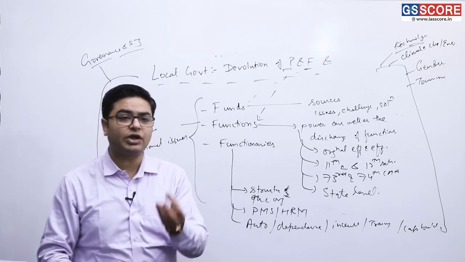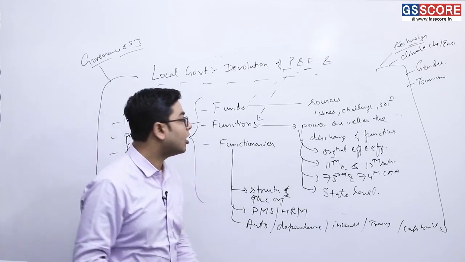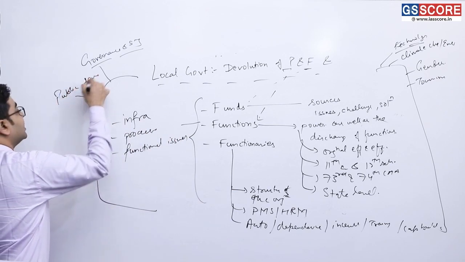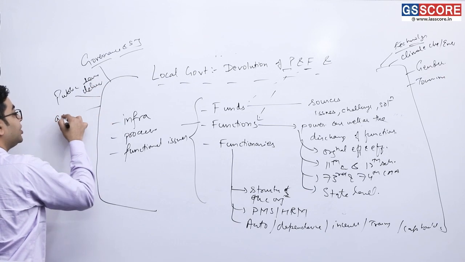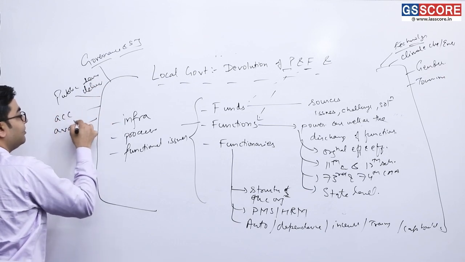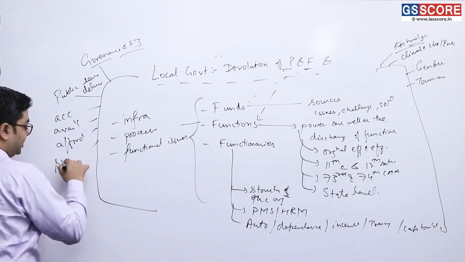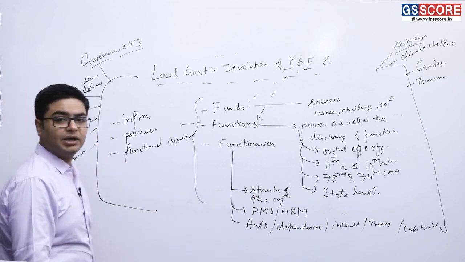Also, in terms of the qualitative aspects of public service delivery, issues related to accessibility, availability, affordability, and sustainability.